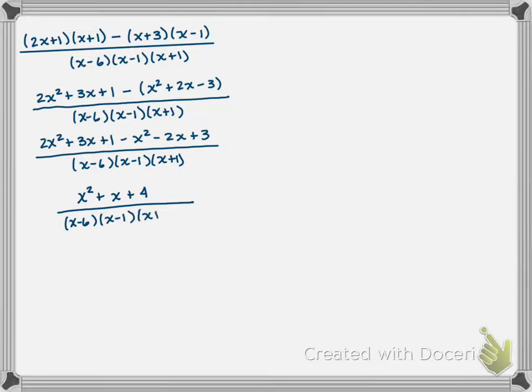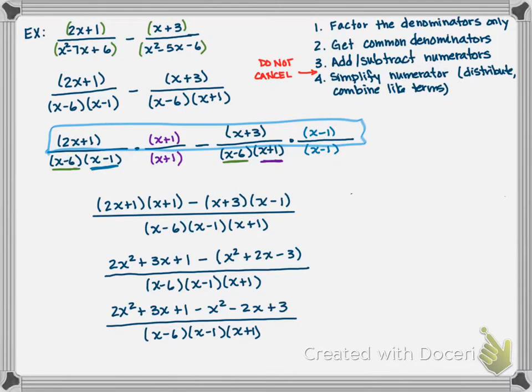So now my numerator is fully simplified. I can think of it as a single polynomial, which I'm now ready to factor. So that's my next step, is to factor the numerator.